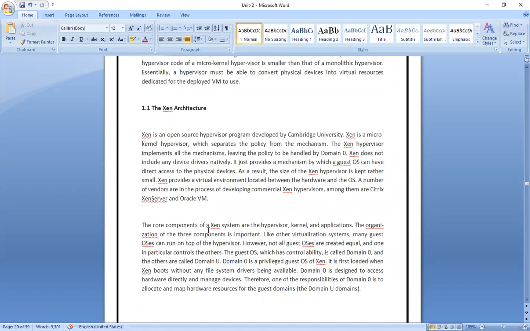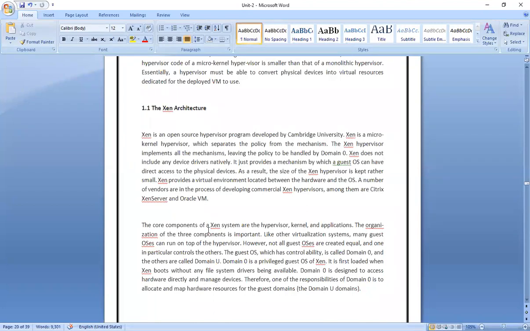Xen provides a mechanism by which an operating system can directly access the physical devices. It provides a virtual environment between the hardware and the operating system.